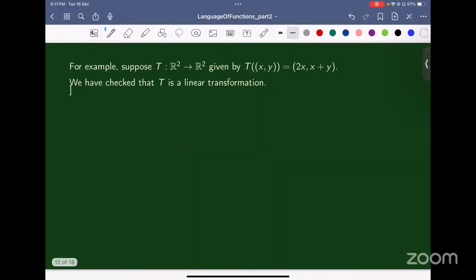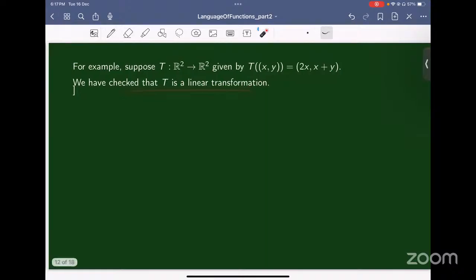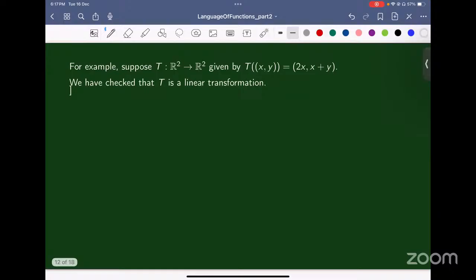Let me do a simple example. Suppose we look at the same linear transformation that we were working with before, and suppose we have checked that T is a linear transformation. And now I'm working with the standard basis on both sides. So B equals B prime equals (1, 0), (0, 1).